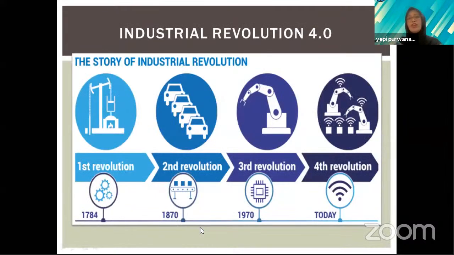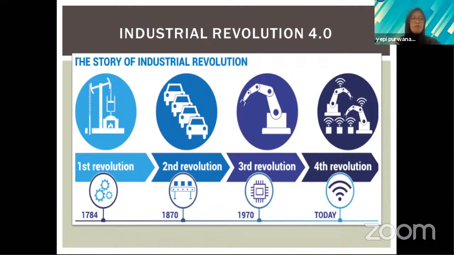Before I go to the core of our discussion today, we talk about technology, so it means that we talk about the industrial revolution. For the first revolution, when it happened in 1784, the focus is on mechanization.